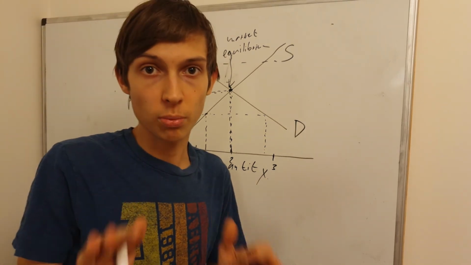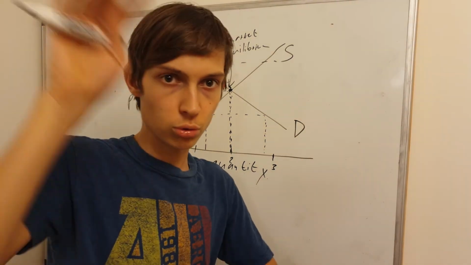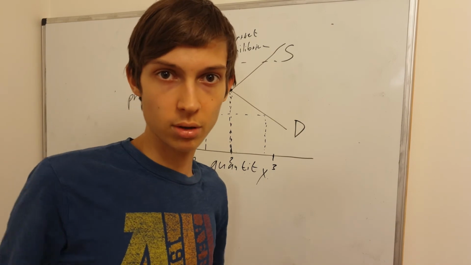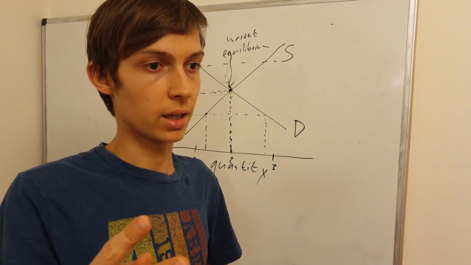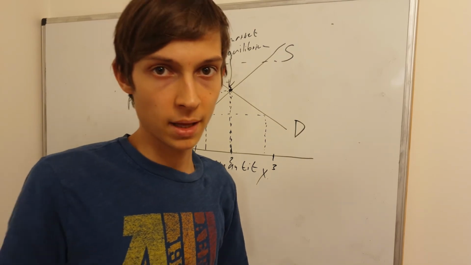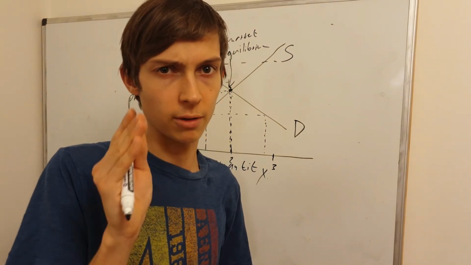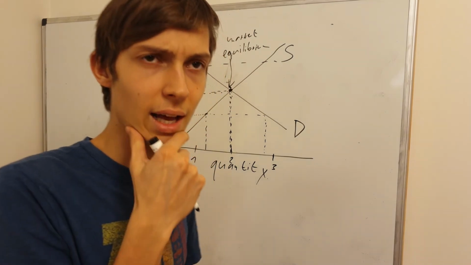But it's not good to stop just here, to just remember that where the two cross there's the equilibrium, and that's it, and then devote all your time to getting the info out of the graphical chart. It's really good to stop here and think about it more deeply. Why is it that way?